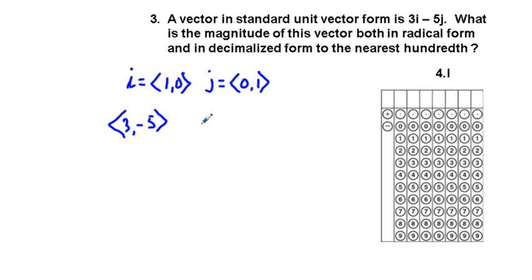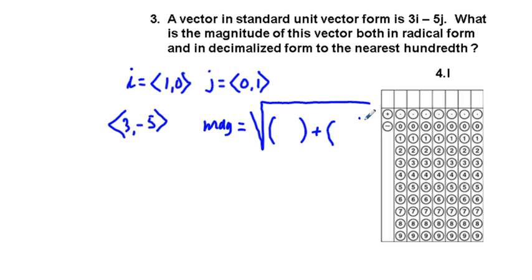For that, our magnitude is going to be a version of the Pythagorean theorem, a version of the distance formula. We can set it up like this, and put in our 3 here and our negative 5 over here.